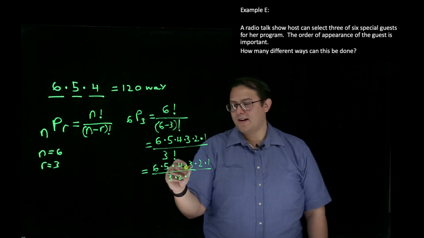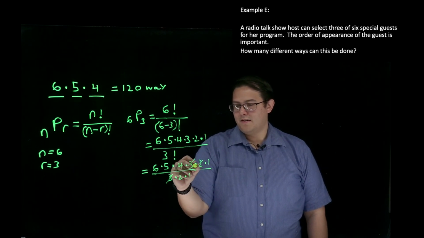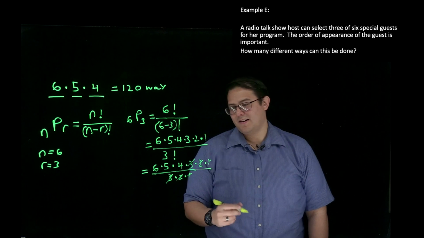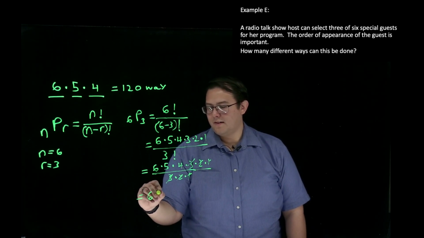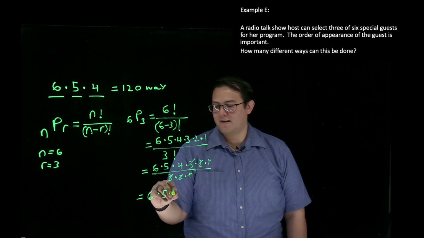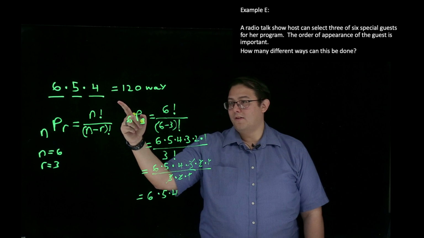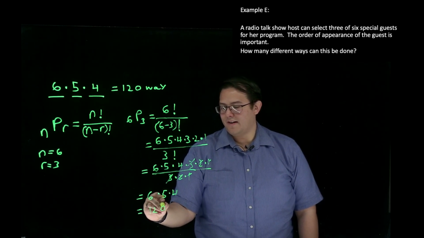So when you're dividing, the 3 divides out with the 3 and turns into a 1, the 2 divides out with the 2, and the 1 divides out with the 1. And you're left with 6 times 5 times 4, which is the same as we got using the fundamental counting rule, which is our 120 ways.